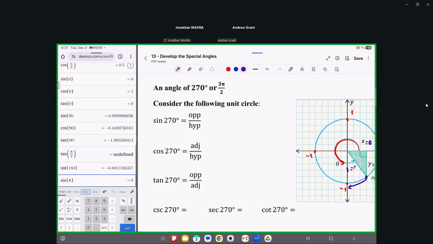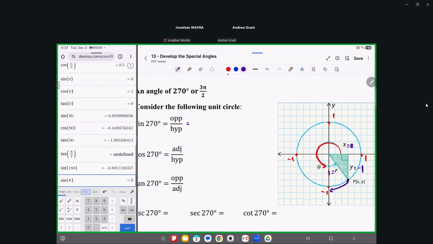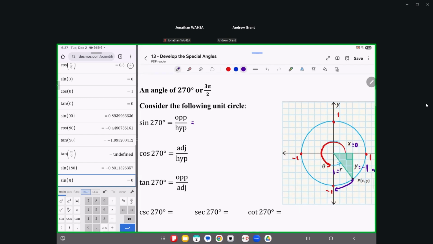And so sine of 270 is the opposite over hypotenuse. So remember, the opposite is going to be -1. So this will be -1 over 1. So sine of 270 is -1. So if we type in sine of 270 in degrees, you can see we get that -1. Cosine of 270 is going to be 0 over 1, which will be 0.